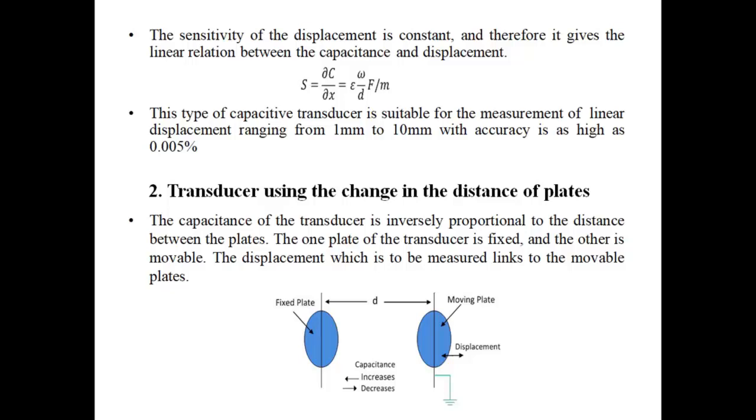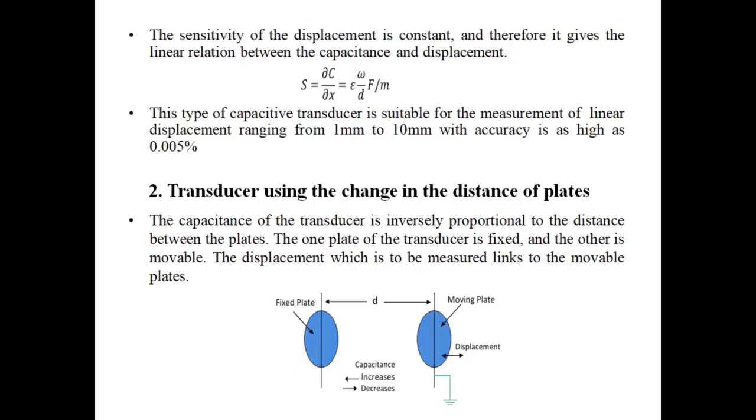In the figure, the blue colored plates are the capacitor plates. If I fix one of them and the second one is connected to my displacing element, as the displacing element moves, this moving plate will move to and fro. So the distance between the two plates will change.